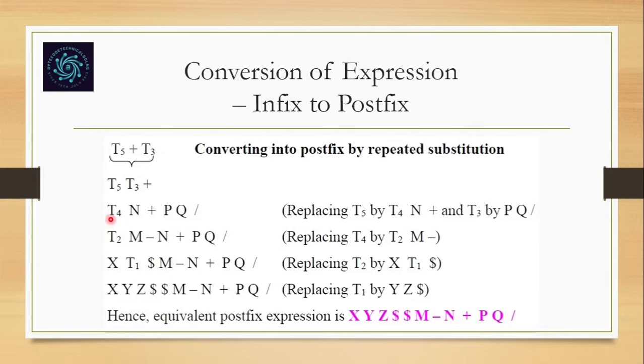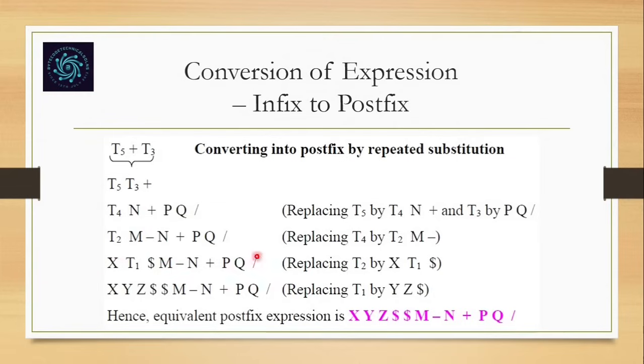Next, substitute the value of t4. The t4 value is t2 m -. Substitute that and keep n as it is, plus as it is, p as it is, q as it is, the division symbol as it is, and our plus symbol as it is. That is to be made correct.